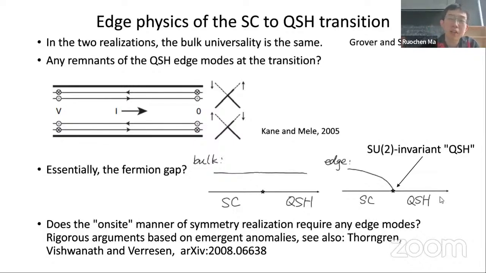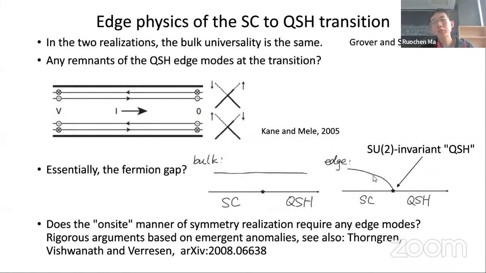And moreover, unlike the case of a quantum spin model, where part of the relevant symmetry, namely the C4 lattice rotation symmetry, is realized as a lattice symmetry, which is not so well defined on the edge, here all the global symmetries we will focus on, namely the SU2 spin rotation symmetry and U1 charge conservation symmetry, are realized in an on-site manner.